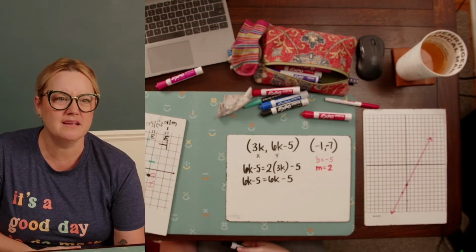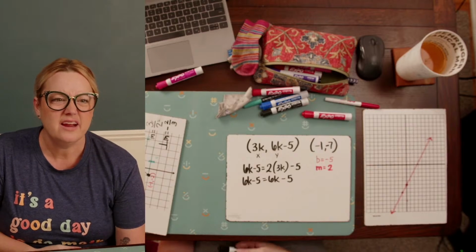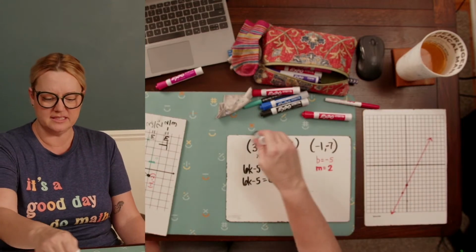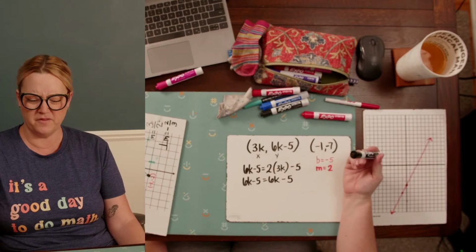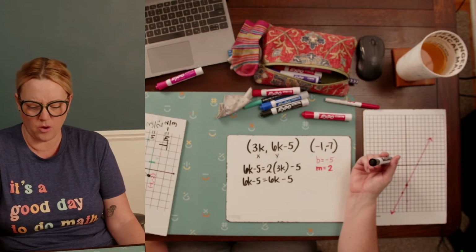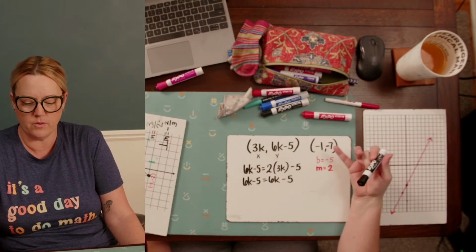So, here's the thing: if you just know that, I feel like this here, 3k, 6k minus 5, it's a bit of a red herring. So k can be all real numbers. It's infinite solutions. It can be whatever it needs to be.